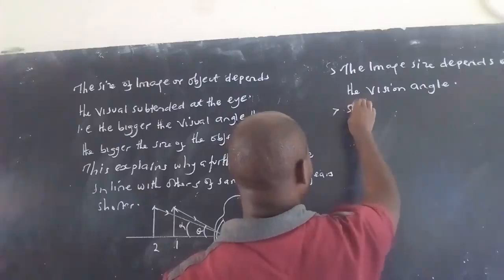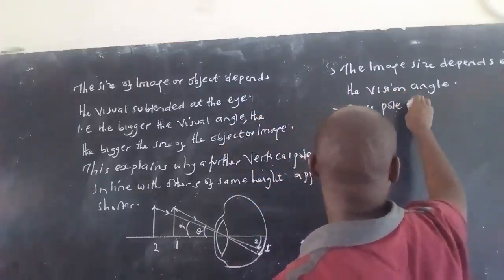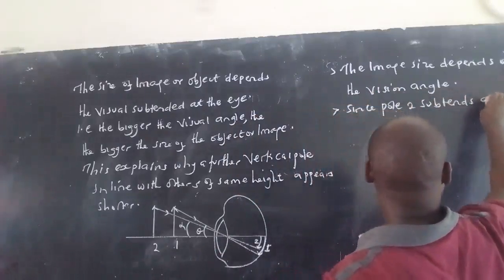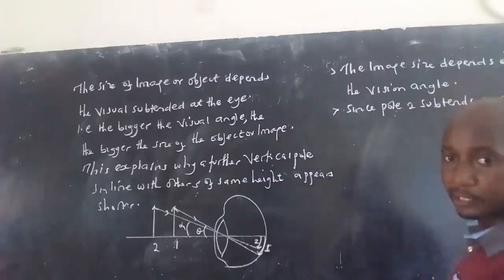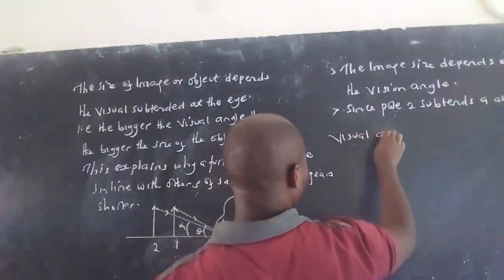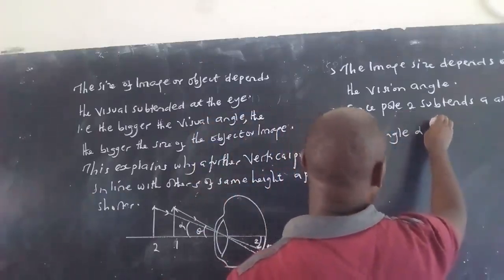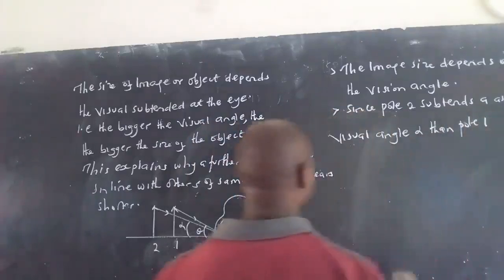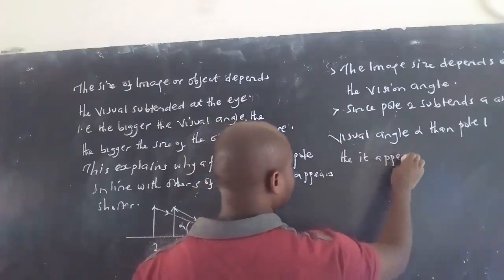Let me say, since pole 2 subtends a small visual angle alpha than pole 1, then it appears shorter. Like that.